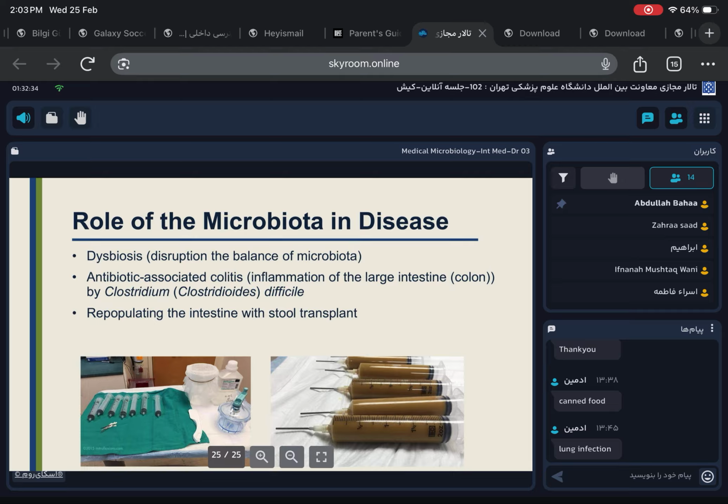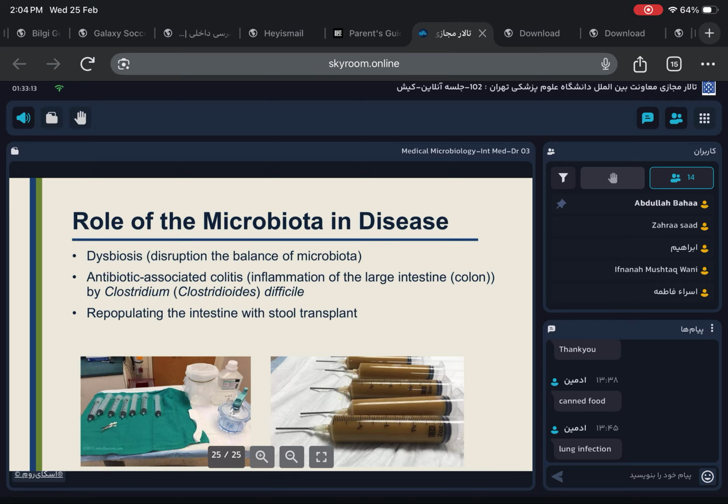As I told you, we don't normally have this Clostridium difficile in the intestine. Some people do have Clostridium difficile in their intestine, but then the population of this pathogen is under the control of the microbiota. And if something happens to the balance of the microbiota, for example, because of the consumption of antibiotics, it's possible that they also develop colitis.